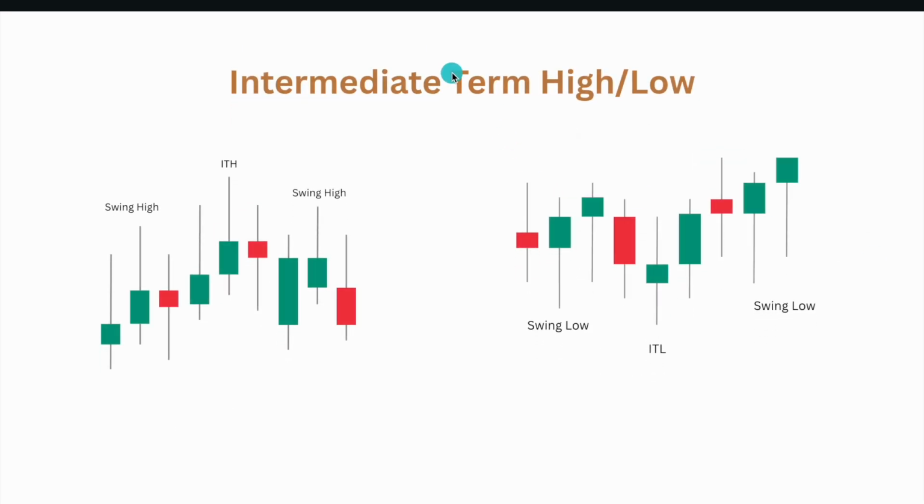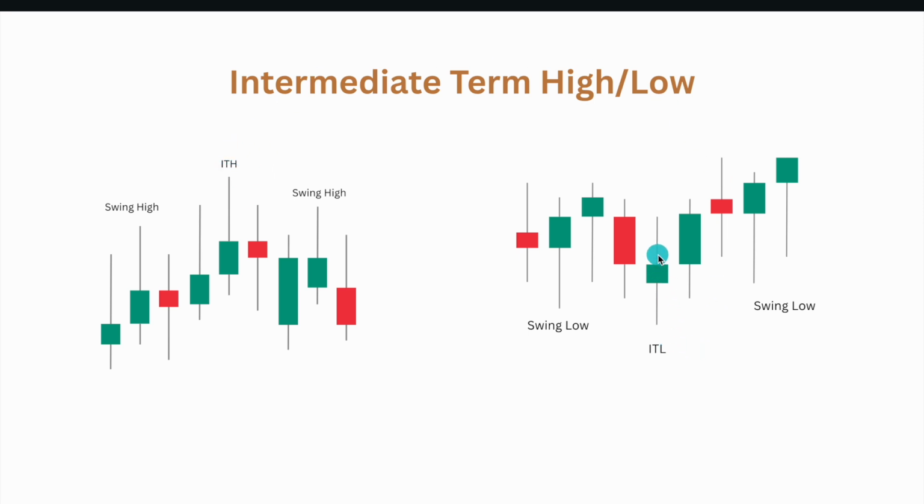Let's understand what an intermediate term swing high and swing low is. In case we have a swing high, and another swing high to the left and another swing high to the right of it, then this swing high is called an intermediate term high.